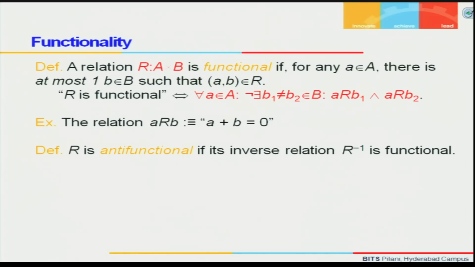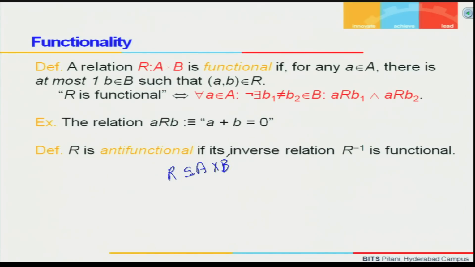Let us see this functionality. This is a little bit complex, let us understand it. Say R is a relation on A cross B, so R is definitely a subset of A cross B. It might have been defined the way the person wanted it to be. You can define a relation as you want it to be.